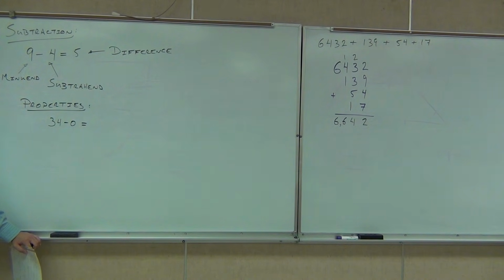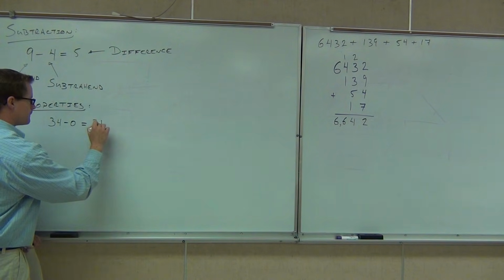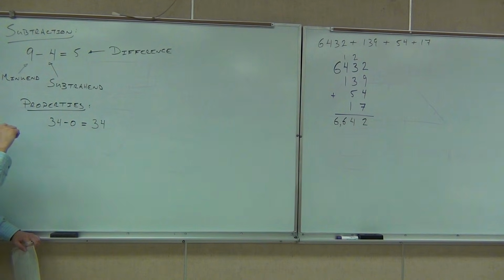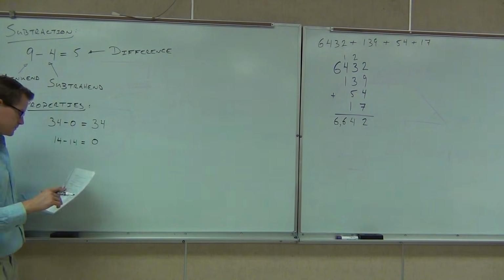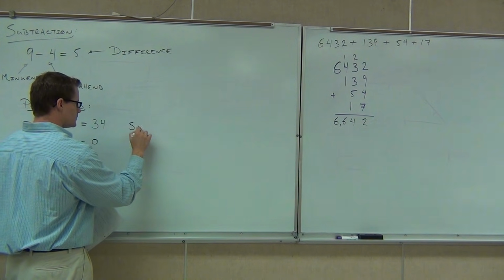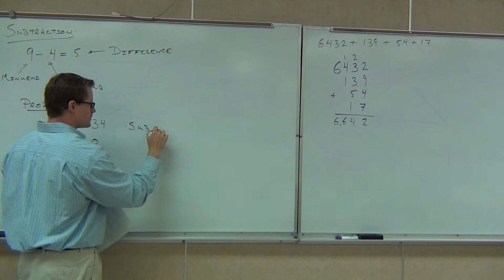Just gives it right back to us. That's the one that's like addition. Also, one more thing. What if you subtract a number from itself, 14 minus 14? What is a number subtracted from itself? How much do you get? 0. Okay. Yeah, this is the property of 0 for subtraction, or the subtractive property of 0.